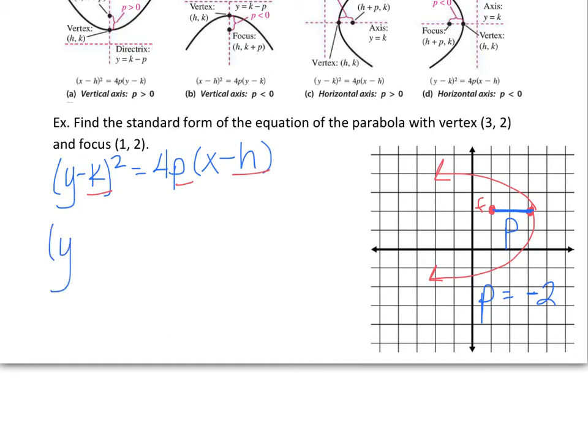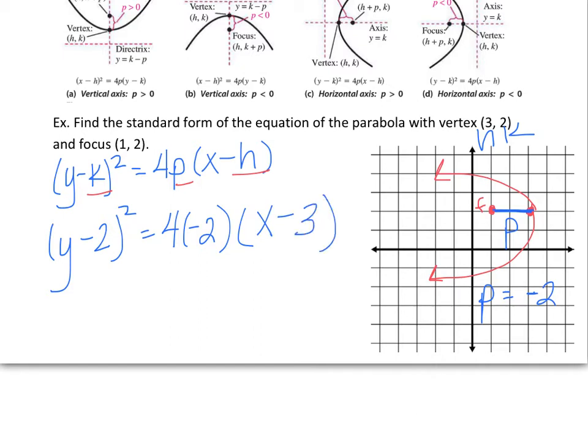So now I've got, let's see, vertex gave me hk. So y minus 2, quantity squared, equals 4 times negative 2 times x minus 3. And I'm going to simplify that one step. Y minus 2, quantity squared, equals negative 8 times x minus 3.